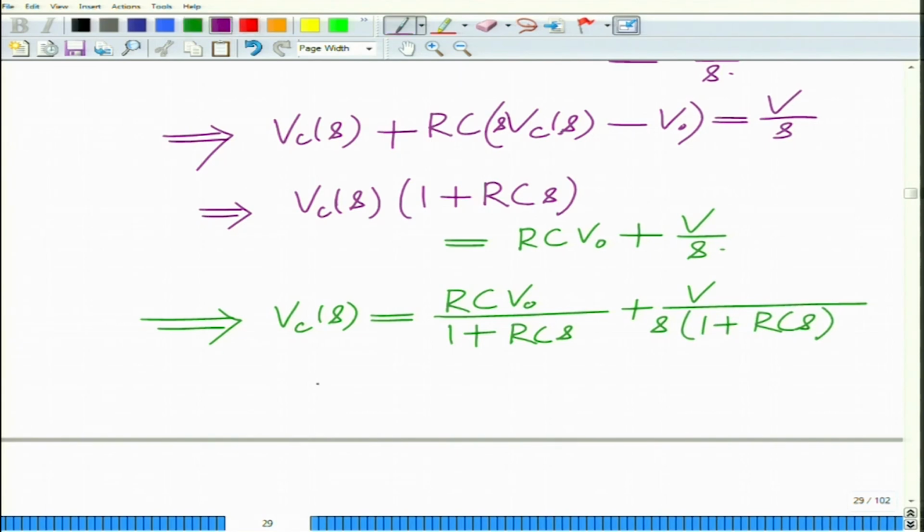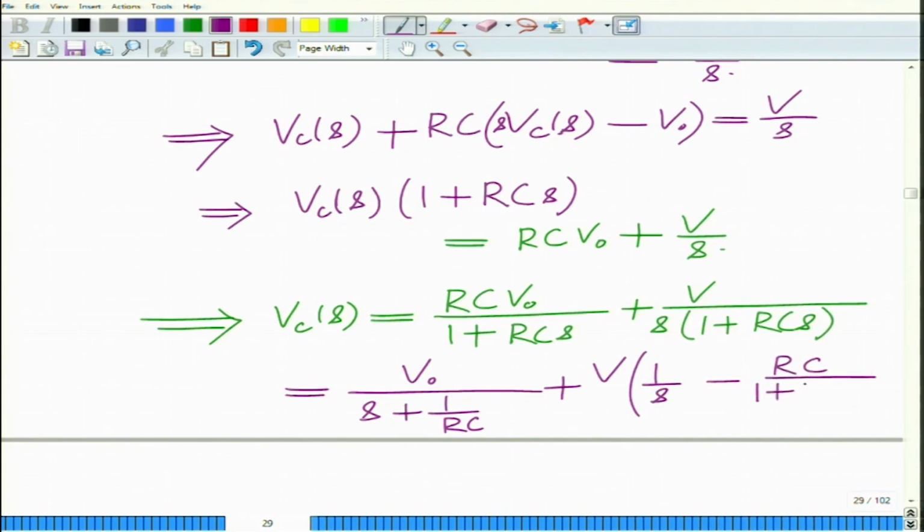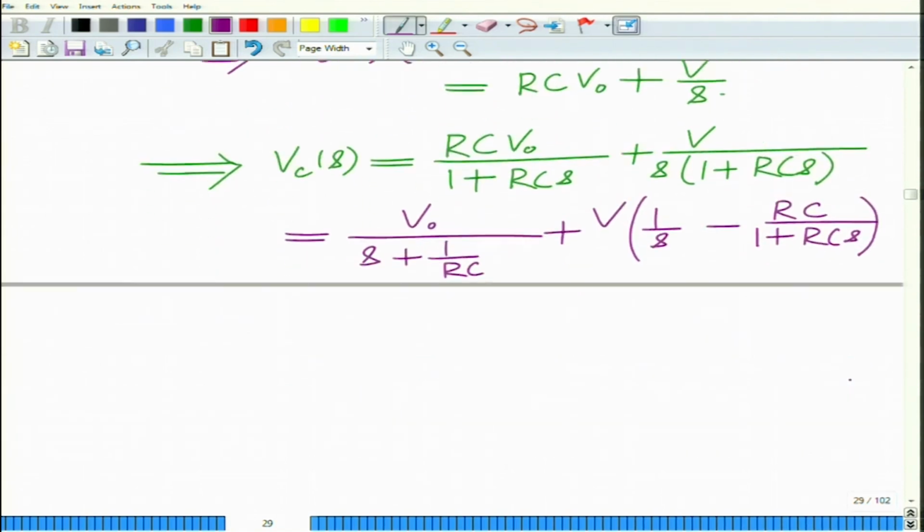Now, further simplifying this, it is simply V naught over (s plus 1 by RC) plus V times (1 over s minus RC over (1 plus RCs)). If you take the inverse Laplace transform, you get vC(t).